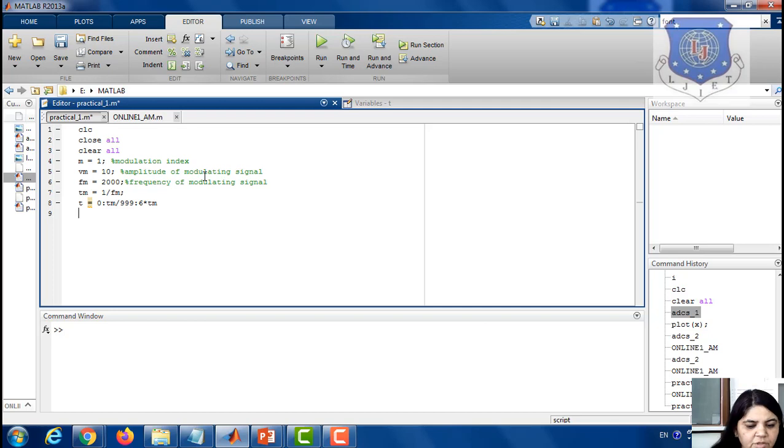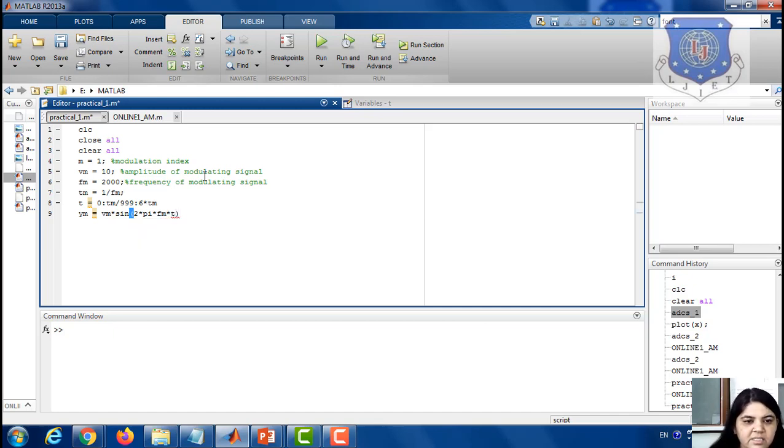Now I want to generate my modulating signal. Suppose I write Vm as my modulating signal. The modulating signal equation we already studied in the theory. It is the amplitude Vm, and suppose I keep a sine wave, so it is sine of 2 pi f t, where f is the frequency and t is the time.